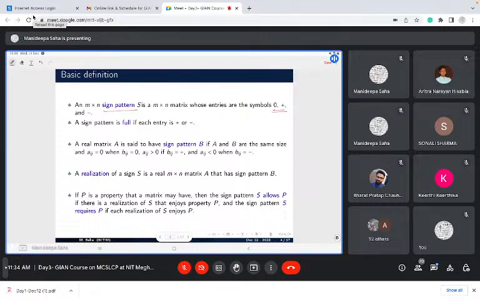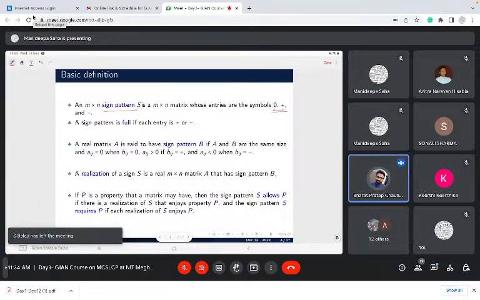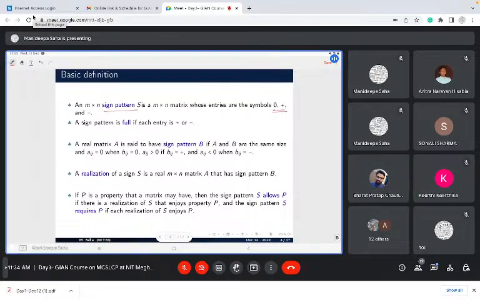Now, if we are given a real matrix, I cannot talk about the complex matrix here, whose entries are the symbols 0, plus, and minus. These are symbols, not the elements.